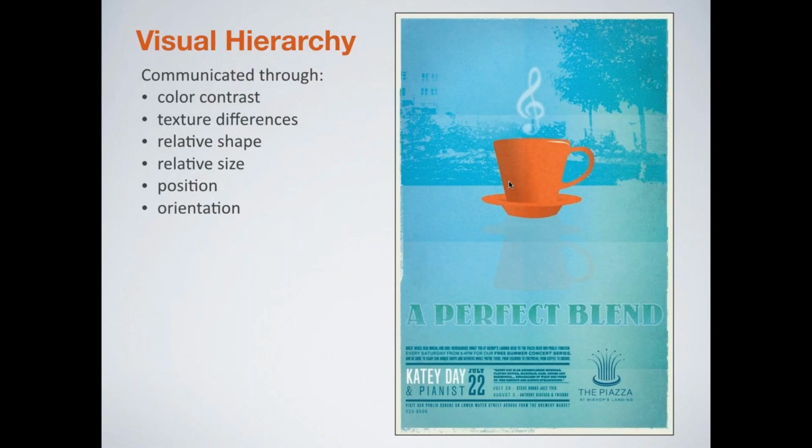You can even do a texture difference, which is just the pattern within the image. If it suddenly changes, that will draw attention because our eyes are naturally geared to look for patterns. Making something larger is always a pretty easy way of making it more attention getting in a lot of cases.